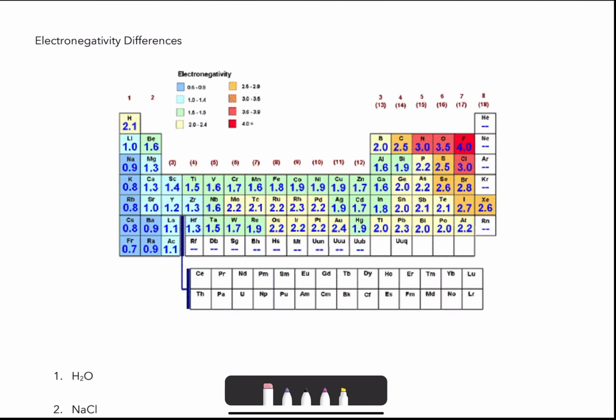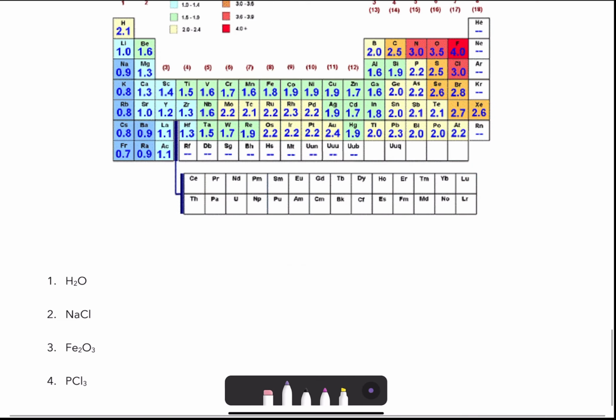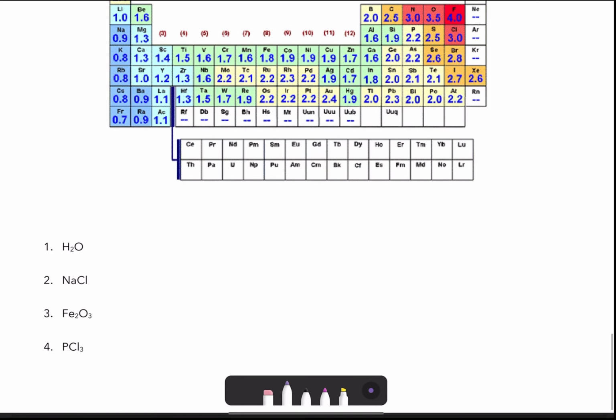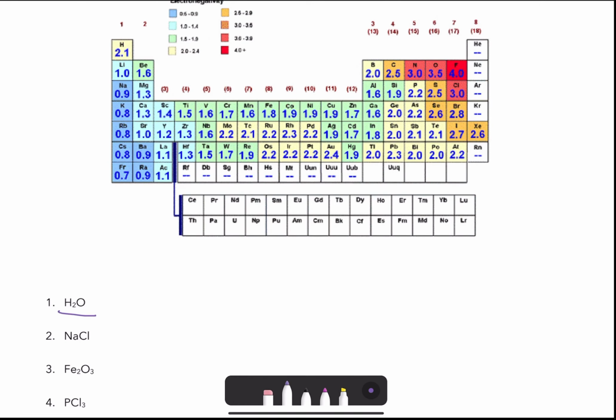You know the trend for electronegativity. We're least electronegative by francium, most electronegative by fluorine. We can look at the electronegativity values to figure out what type of bond is being formed. We're going to do the first couple together, and then you're going to try the others on your own. So number one, if we have the bond H2O, we can tell that this is going to be a covalent bond.